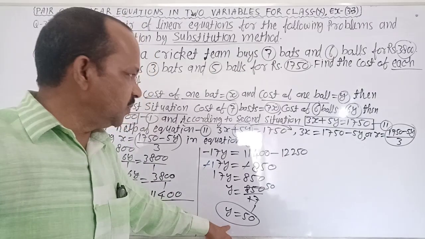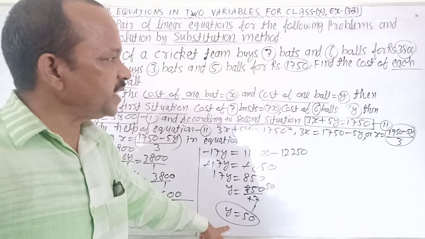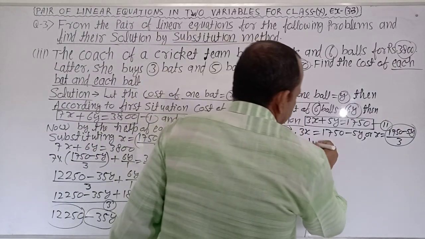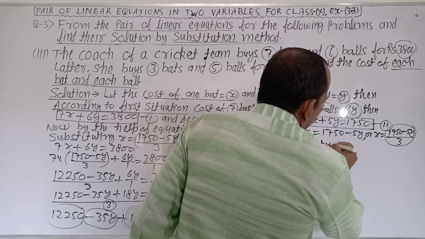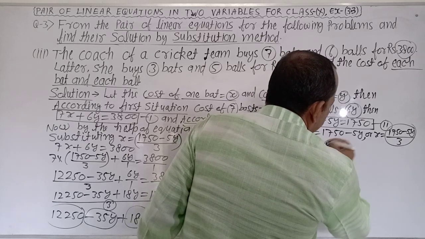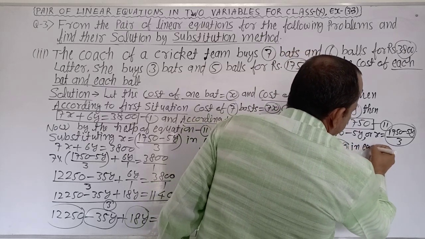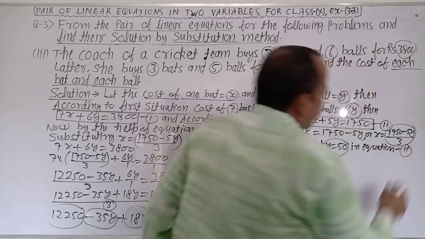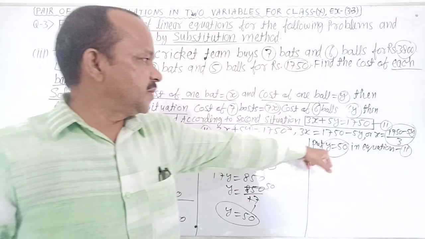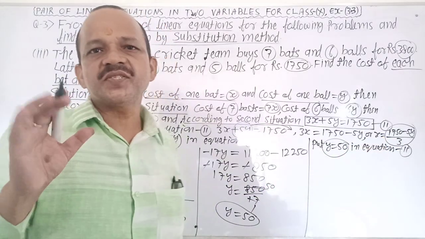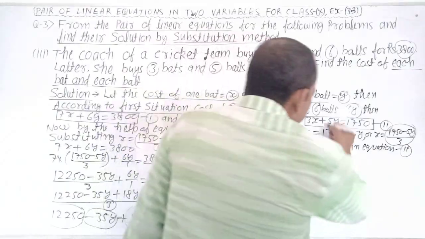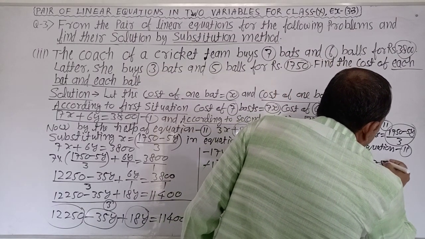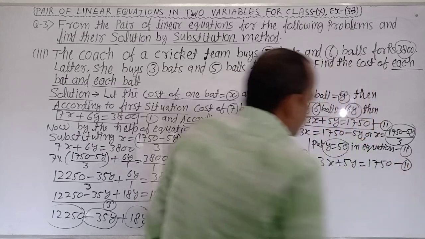Now you put the value of y equal to 50 in equation second. Put the value of y equal to 50 in equation second. Clear? Here 3x plus 5y equal to 1750 is equation second.